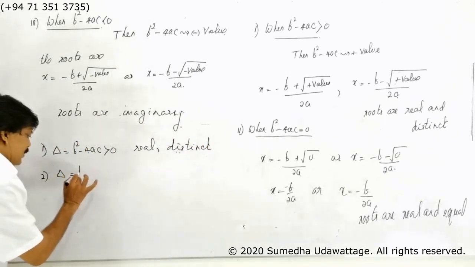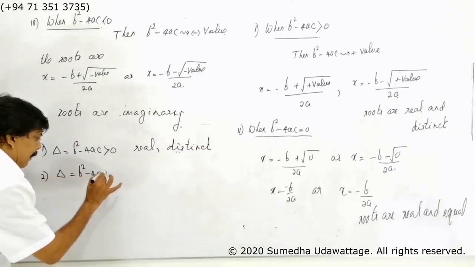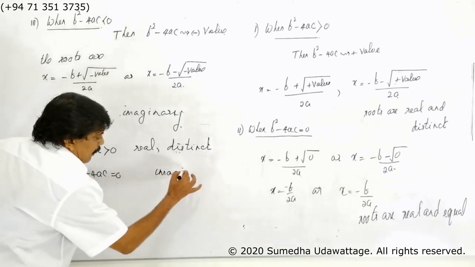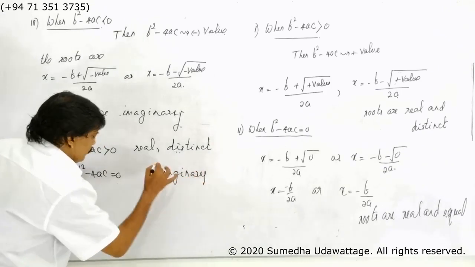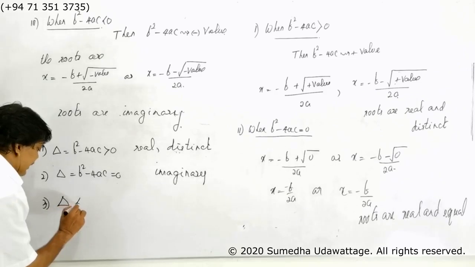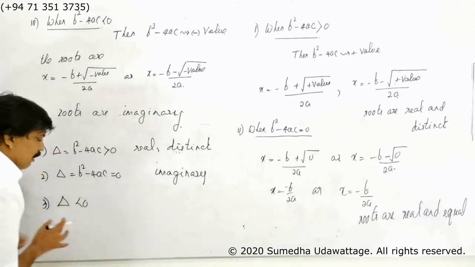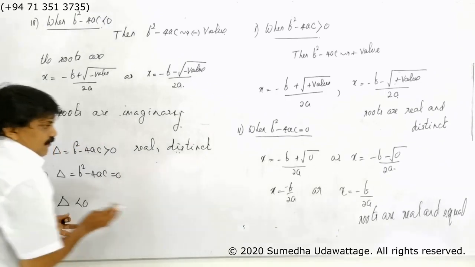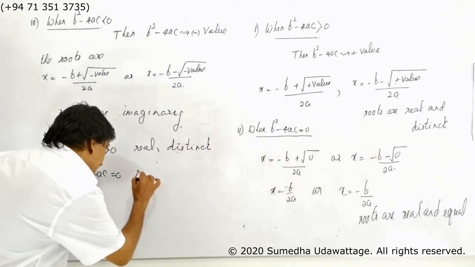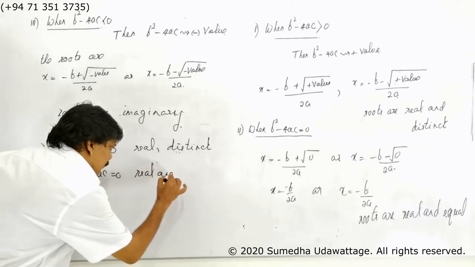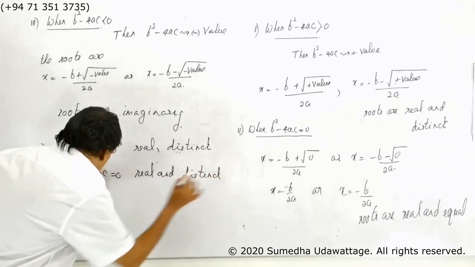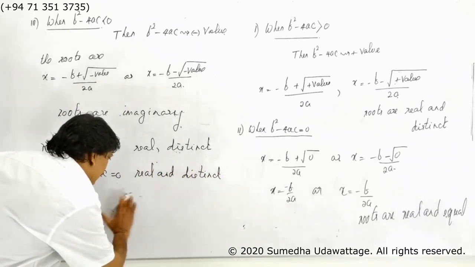When delta, b square minus 4ac, is equal to 0, the roots are real and equal. 3. When delta is less than 0, in this situation, the roots are imaginary.